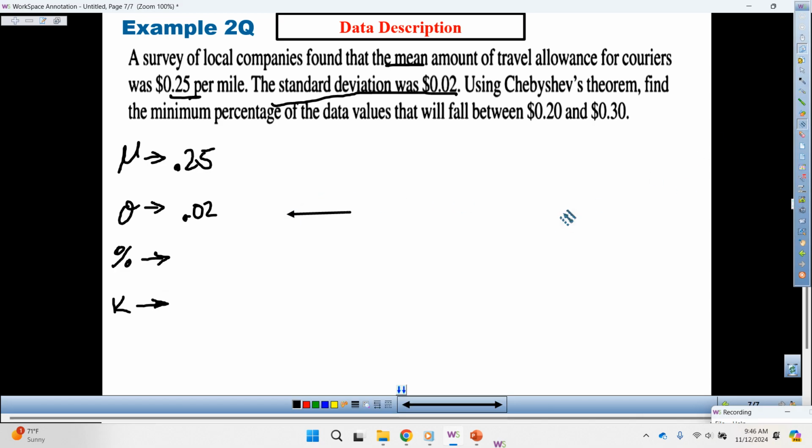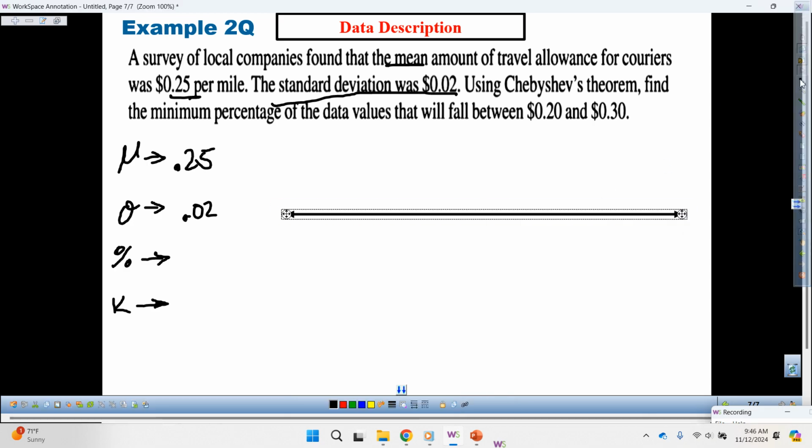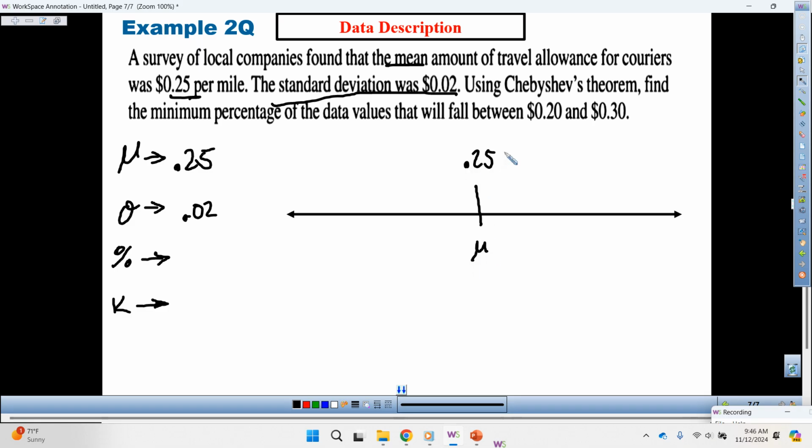So, draw your number line. Start with the mean, which is 0.25. And what are the values that they give us that fall between what numbers? 0.20 all the way to what? 0.30.